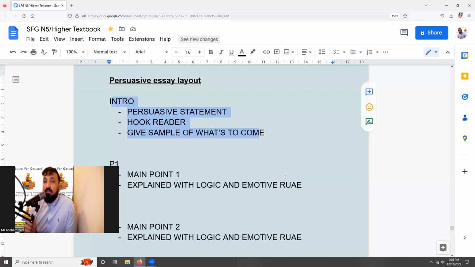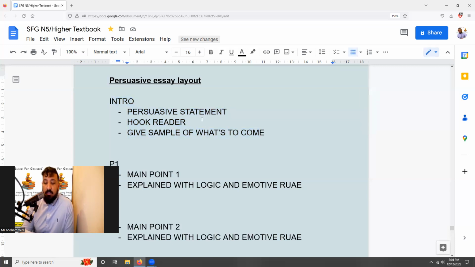The last thing you want is for the reader or the marker to be confused about what it is you're trying to persuade them about. You want them to have a very clear understanding that this is the topic of the essay. That's the first thing.